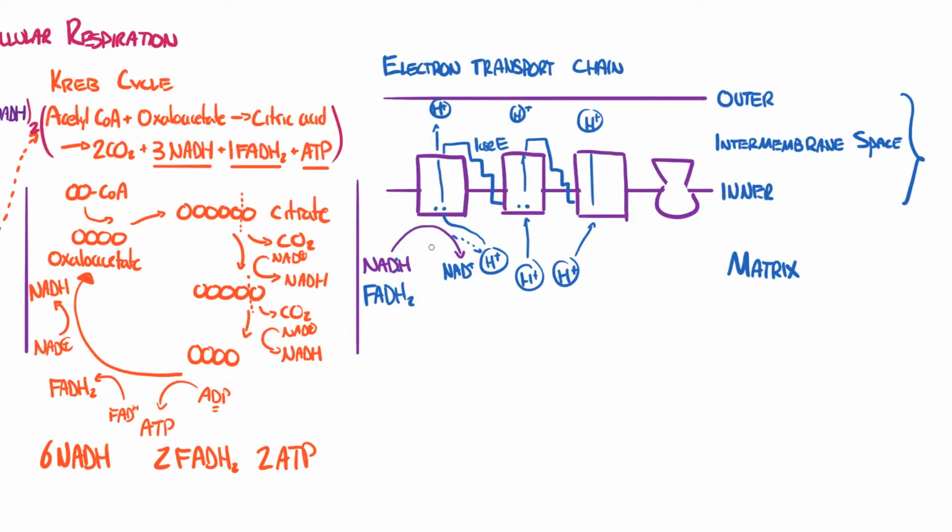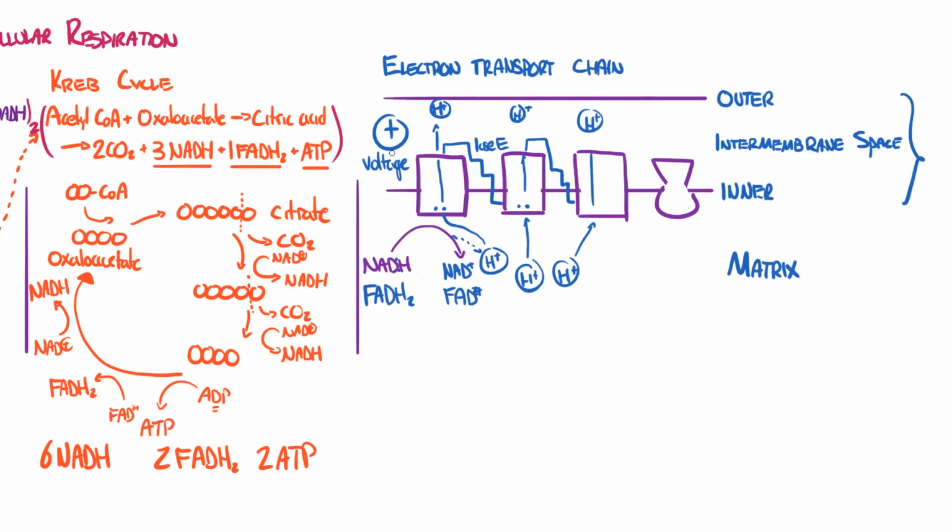It's going to drop off those electrons, it's going to turn back into FAD, and the energy that the electrons provide when they lose it through the electron transport chain will be used to pull these hydrogen ions across. So slowly and slowly, we're going to find that it's going to become more positive over here. It's going to be more positively charged in the intermembrane space than the matrix.